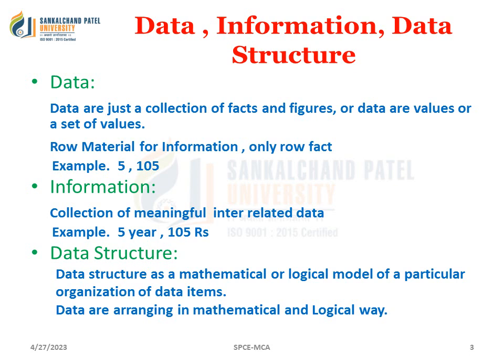Like if I write a string after the value 5, meaning 5 years, that 5 years gets a meaning; it gives the information of the year. I also write rupees before 105, so it becomes one meaning: 105 rupees. So information is a collection of interrelated and meaningful data.